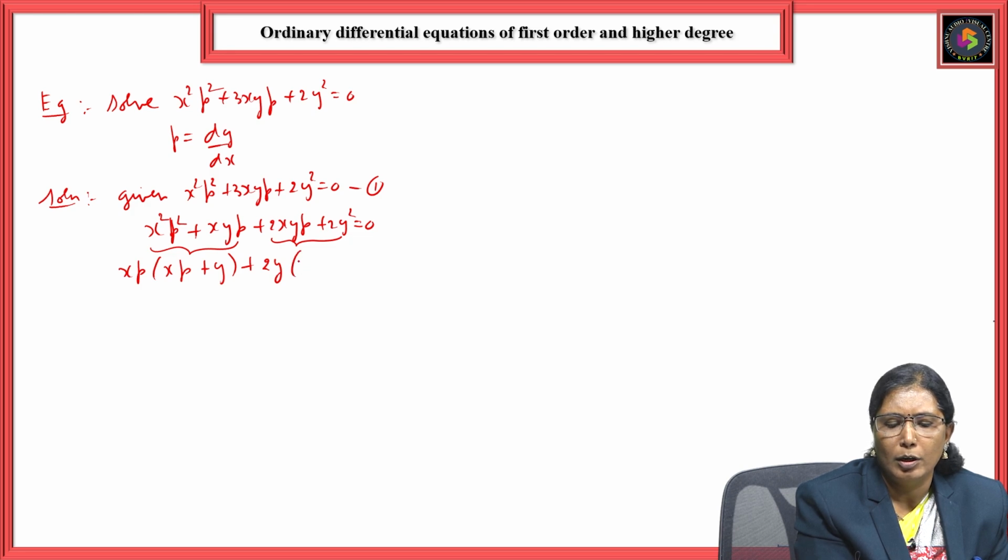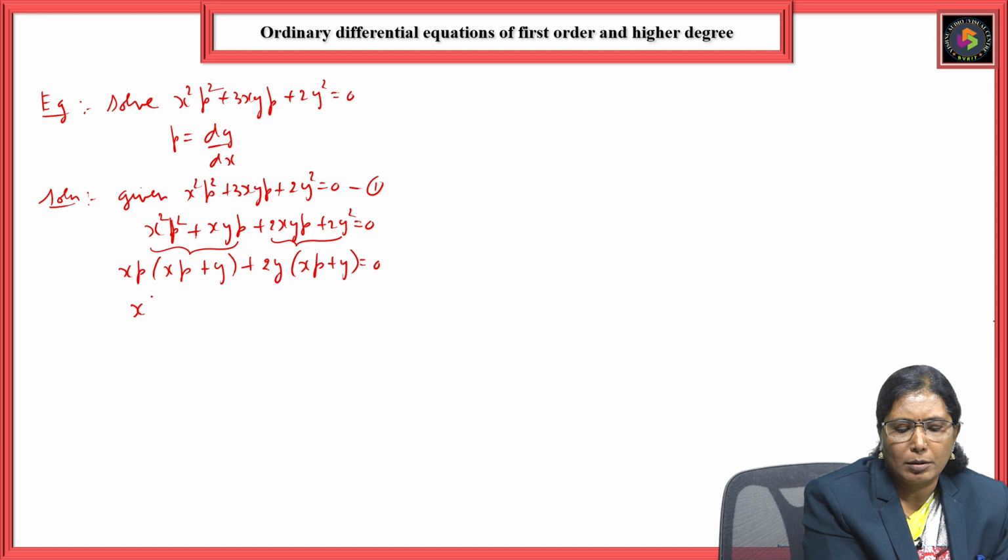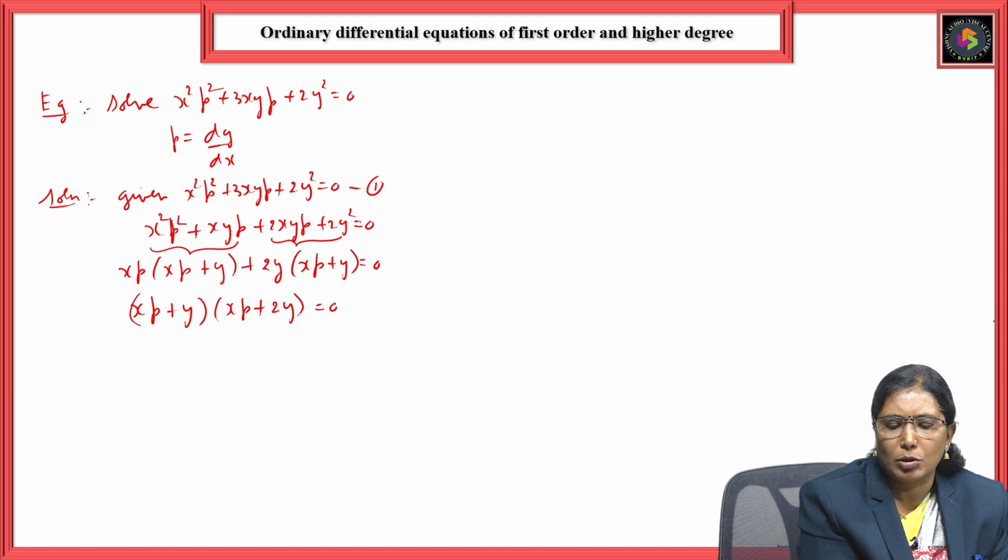If you take 2y common, you get (xp plus y). So in total, what is common? (xp plus y) into (xp plus 2y) is equal to 0. Now see that we have resolved into factors such that the degree of p is 1. We have got two factors.